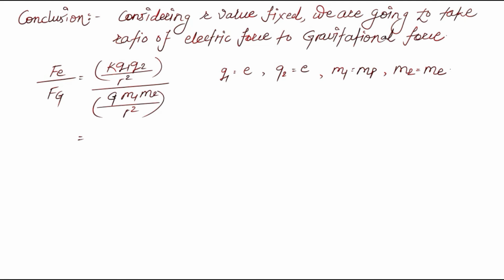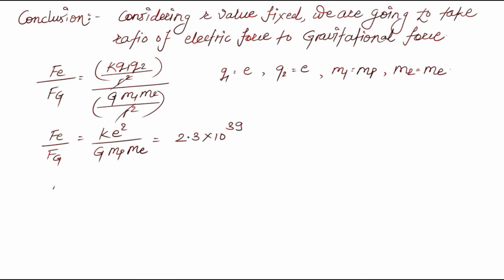Then, by considering the R value fixed, we can cancel this and finally are left with k e square upon G m_p m_e, and this is actually the ratio of the two forces, the force due to electrostatic attraction or repulsion and the gravitational force. So we already derived the value, that is 2.3 into 10 raised to 39, and it is unitless.